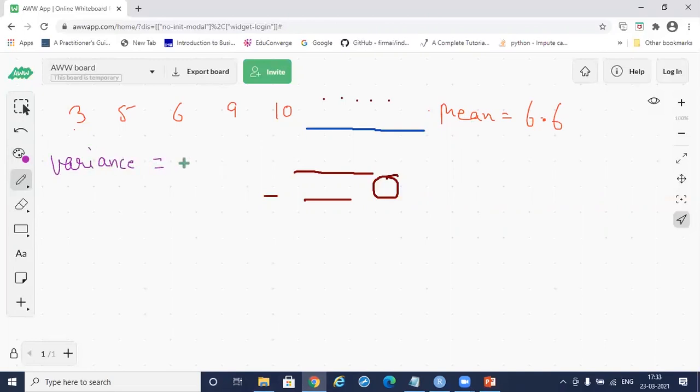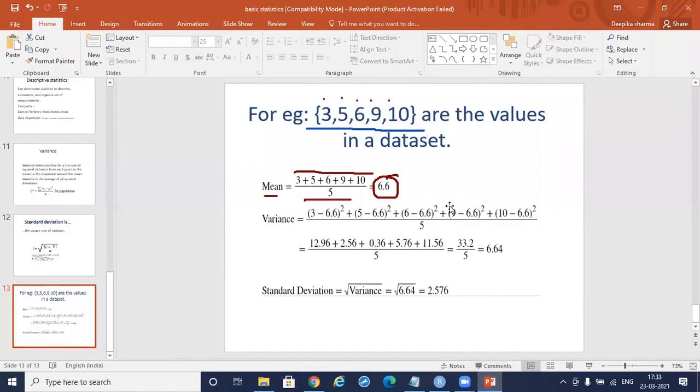To calculate the variance, we subtract the mean from each point, square it, and divide by 5.